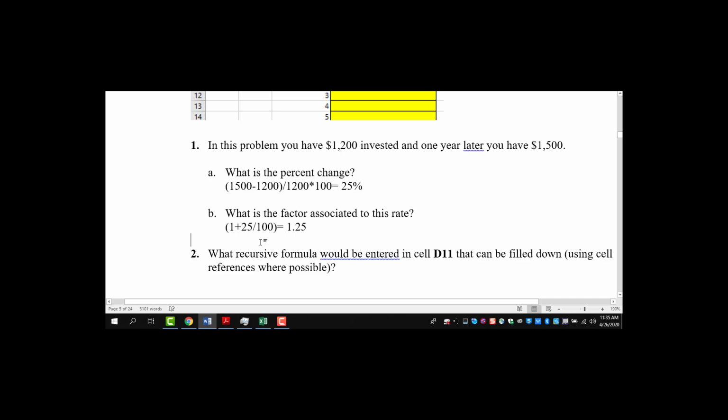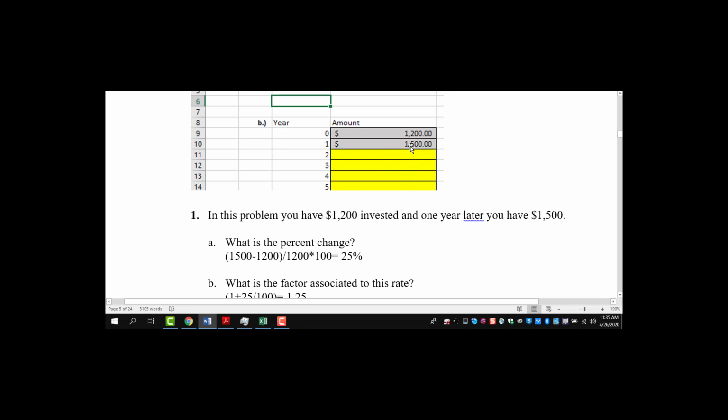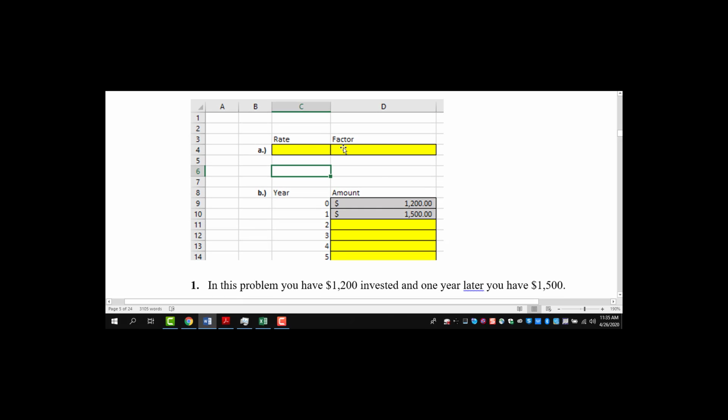So let's see, does that work? 1,200 times 1.25 equals, put in your calculator, and indeed, it is $1,500. So when you have a table of values, sometimes you can determine what the rate and the factor is from the increase.